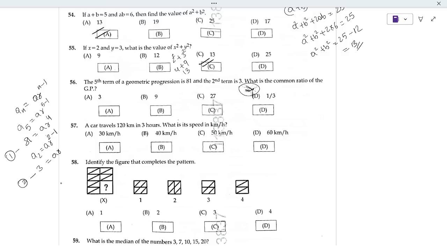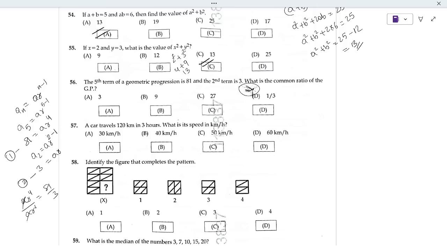Yes. Here ar to the 4 by ar is equal to 81 by 3. Alright, so here this will give us what? a and a will be cancelled.